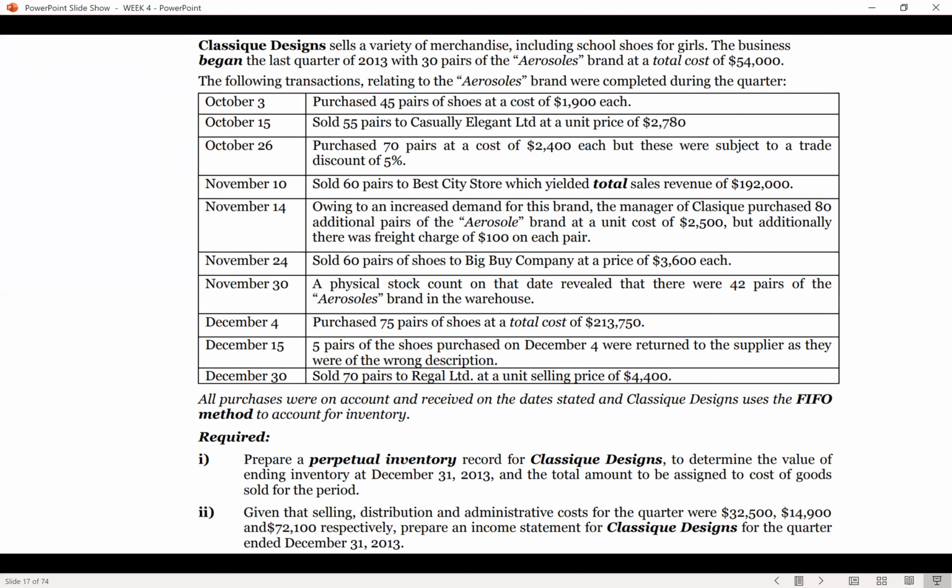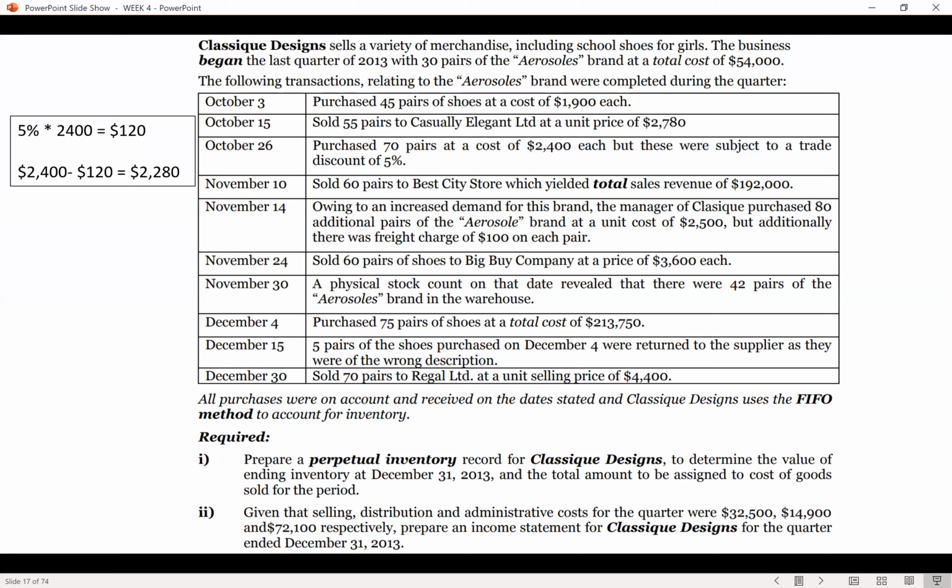So the price that we're seeing here is not the actual price that we paid. It's the cost for it, but we got a 5% discount. So what we have to do is to find 5% of the 2,400. That gives us $120. Then we subtract that from 2,400 and we would have gotten 2,280.